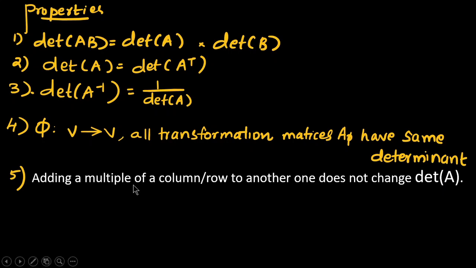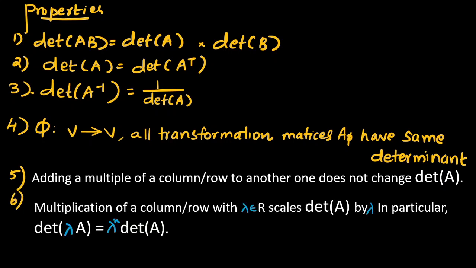Okay, so when we do it in row echelon form, that will not change the determinant of that matrix.